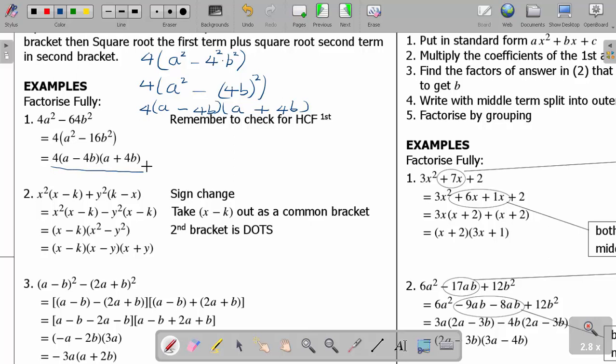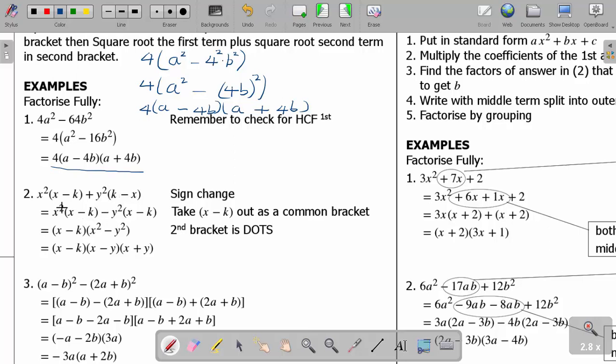Another one here, we have x squared into x minus k plus y squared into k minus x. Because it's x minus k and this is k minus x, I'm going to have a sign change again. So this is x minus k, this is k minus x.